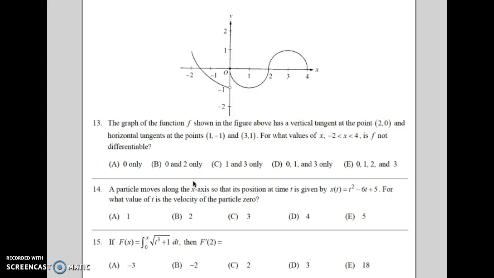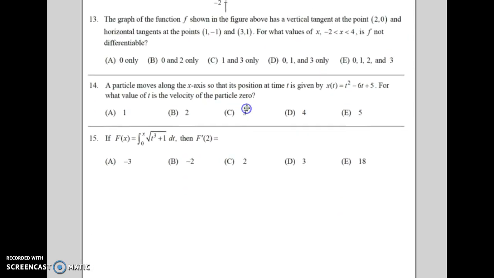Okay, question 15 is next. Again, you're given big F of x is this function here. We just need to find f prime of 2. So literally, you are taking the derivative of an integral, which means all we have to do is take this x here and plug it in for t.